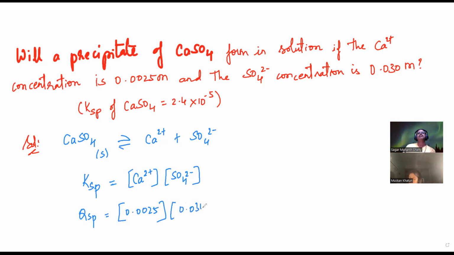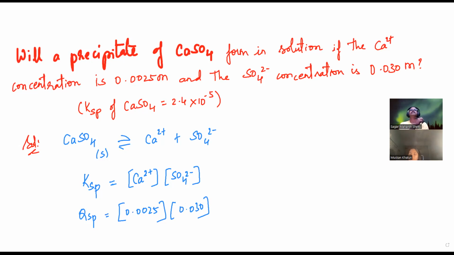What we need to do is just multiply this and tell me what the value would be. 7.5 times 10 to the power of -5.